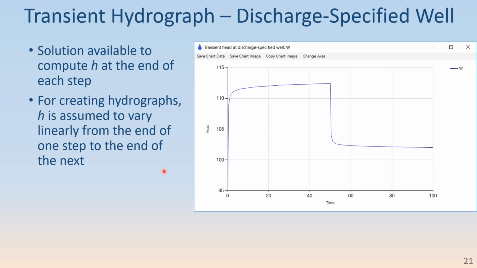In this particular simulation, we have these two 50-day periods, 7 steps per period with a multiplier of 2.0. You can see the kinks in the curve here. Those are linear segments between the reported heads at the end of each time step.